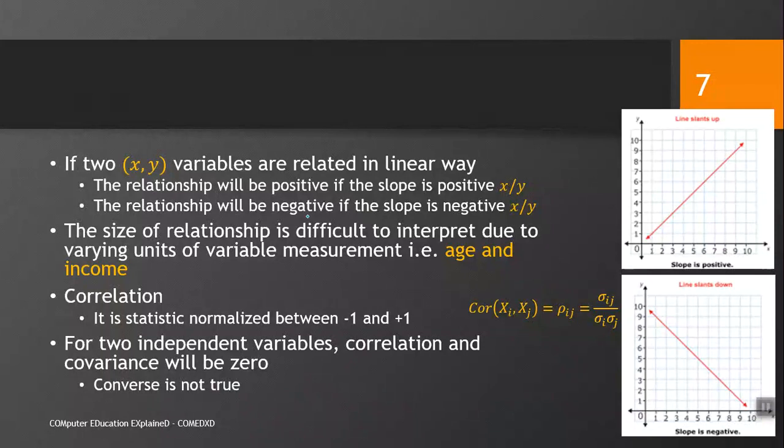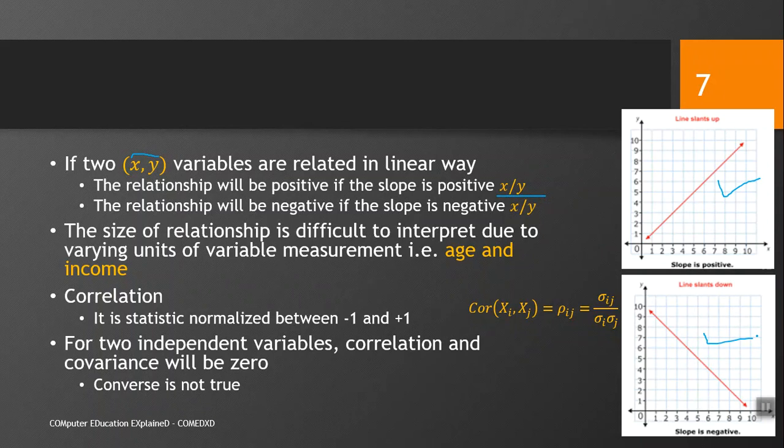If two variables x and y, two features, for example age and salary, are related in a linear way, the relationship will be positive if the slope is positive, and the relationship will be negative if the slope is negative. Here the top figure shows a positive relationship, whereas the lower figure shows a negative relationship.